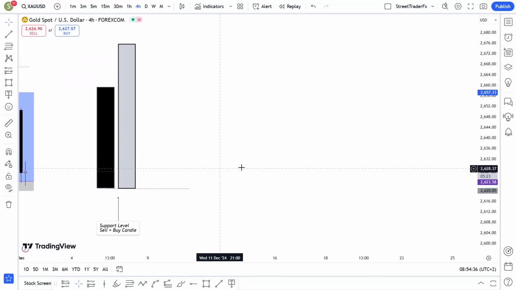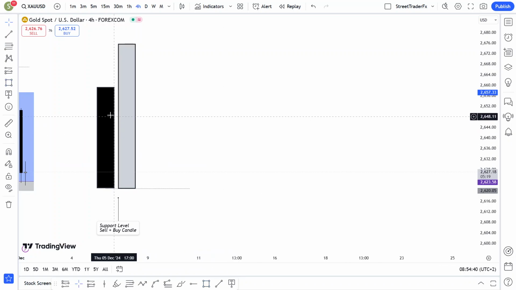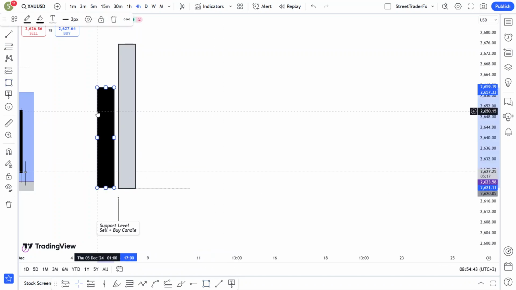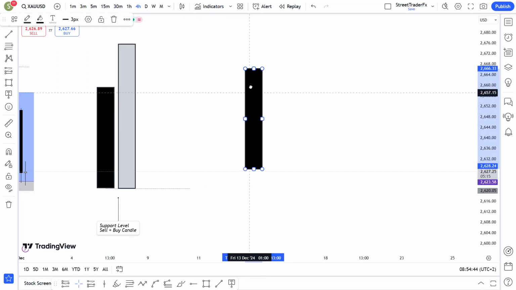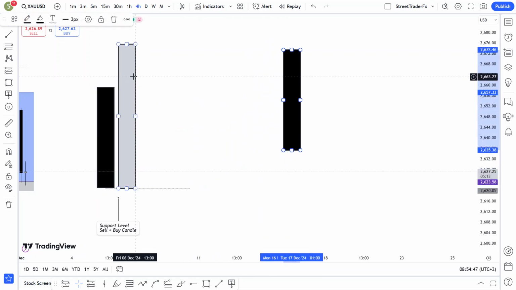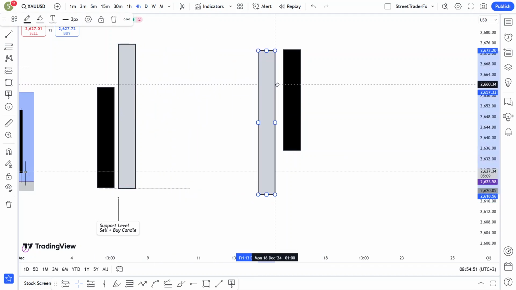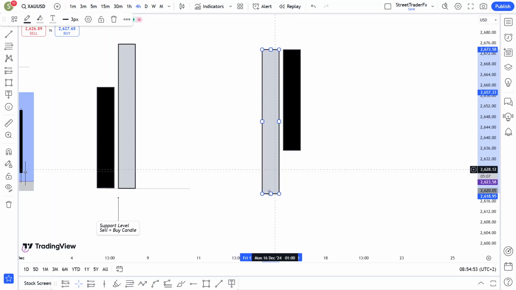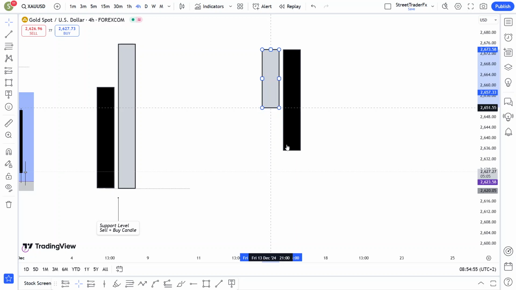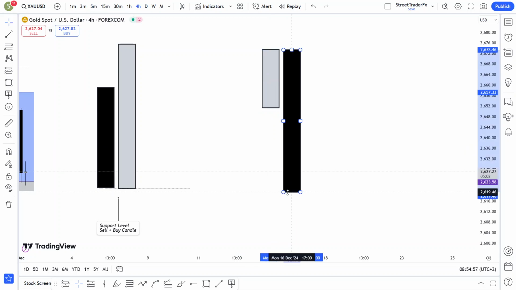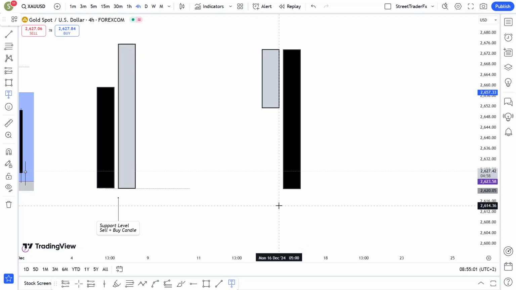With a resistance, you look at a buy, a bullish candle, which is followed by a down or bearish candle.